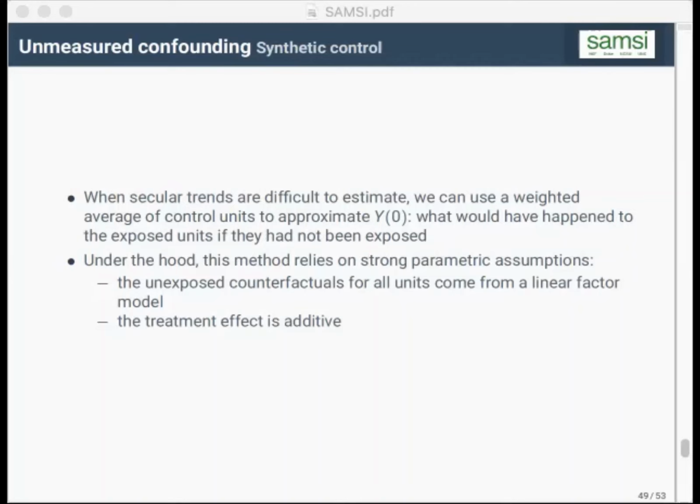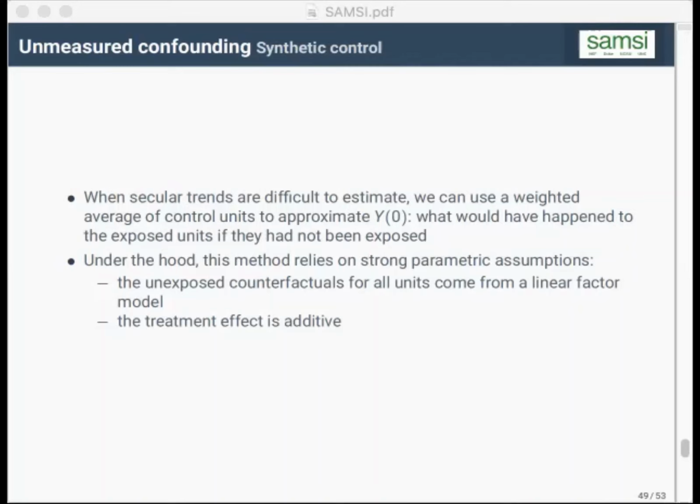The synthetic control method creates a weighted average of many different control units that are used to approximate what would have happened in the treatment group had the intervention never been implemented. So it's a weighted average of control units that approximate Y0, the potential outcome that we would have seen in the treatment group if this intervention had never been implemented.